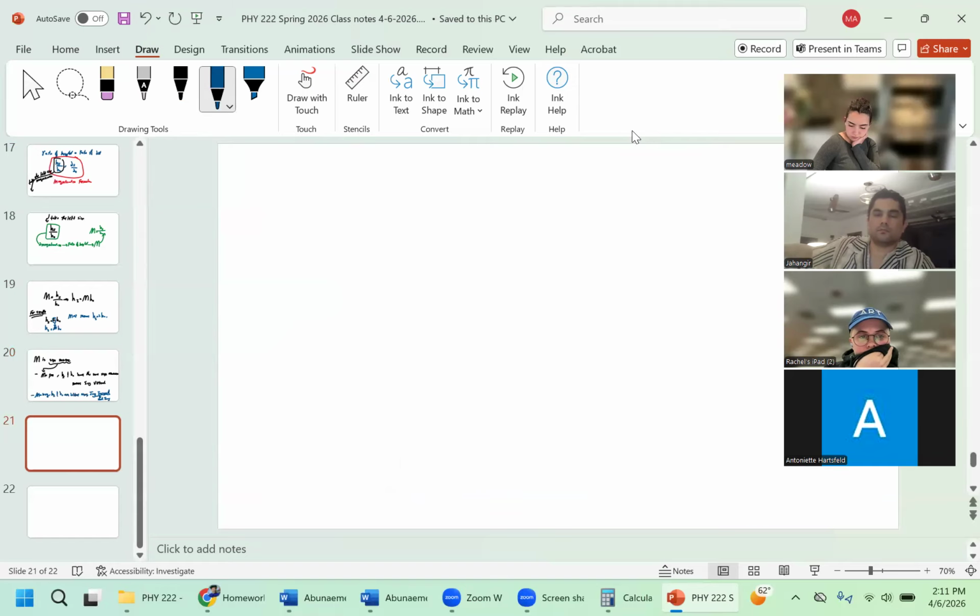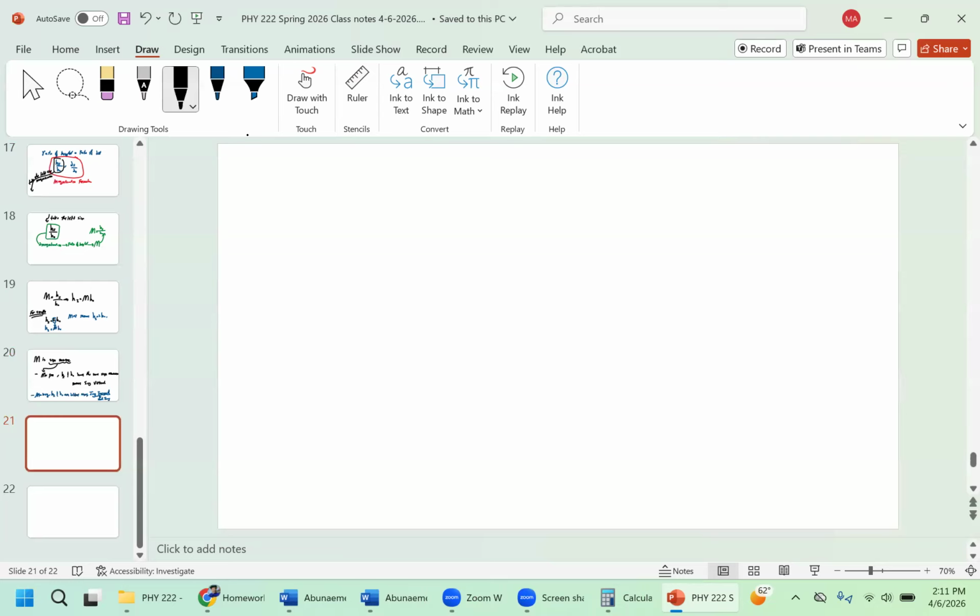For example, if you say your magnification is minus 0.3, and again, it's a ratio, so there is no unit for magnification. Let's say it's minus 0.3. What does that mean? This means that HI is going to equal minus 0.3 HO.